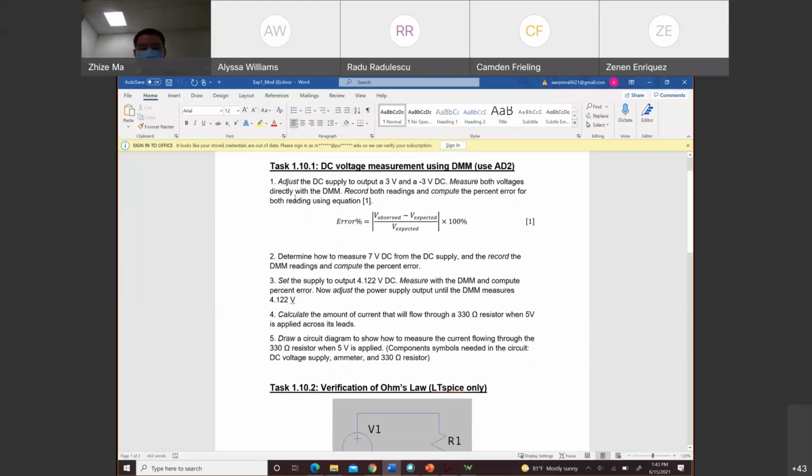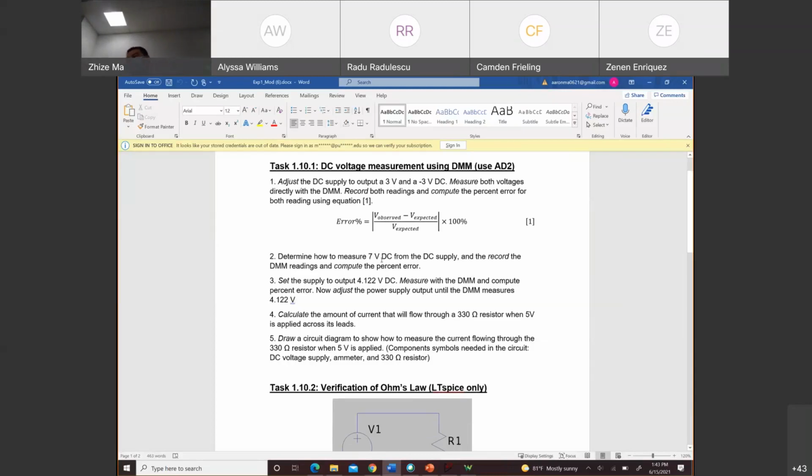After you know how to measure voltage, the things after this should not be too hard. For question number 2, you will measure 7-volt DC. As I mentioned, for AD2, the maximum voltage from AD2 is 5 volt.